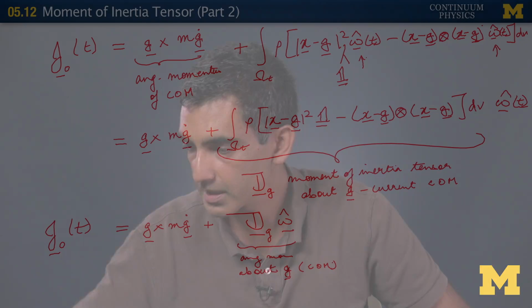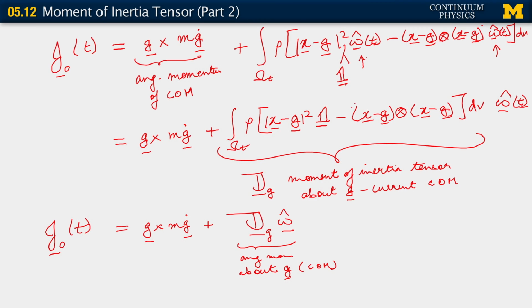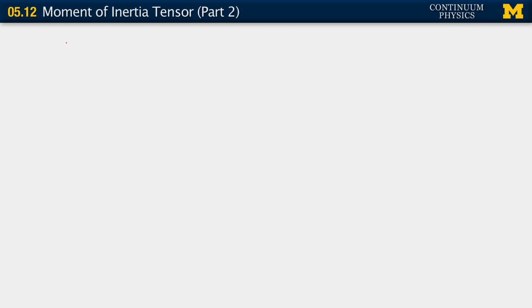Okay. To round off this segment, I just want to state that a tensor of this particular form, the particular form that appears here, has a name of its own.